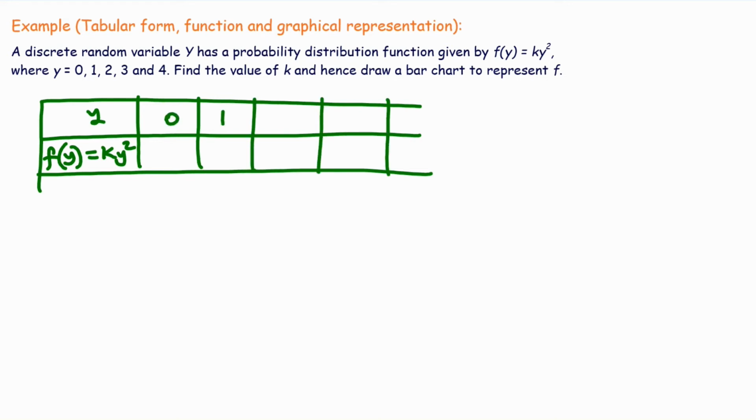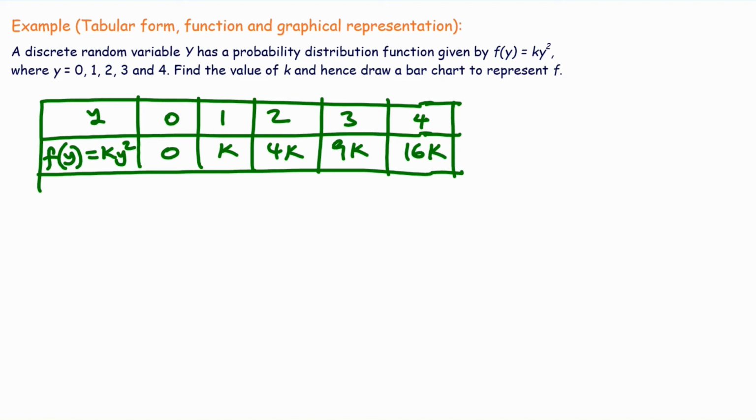So 0, 1, 2, 3, 4. Those are the values that y can take. Now, if you plug these into this function, you end up with 0, k, 4k, 9k, and 16k.